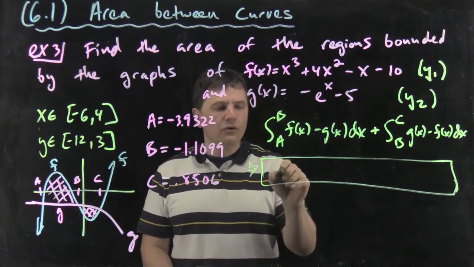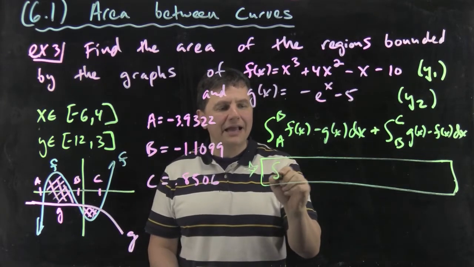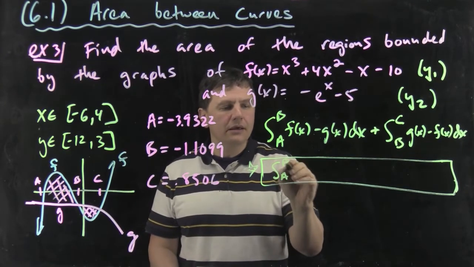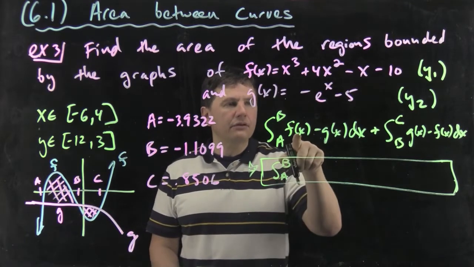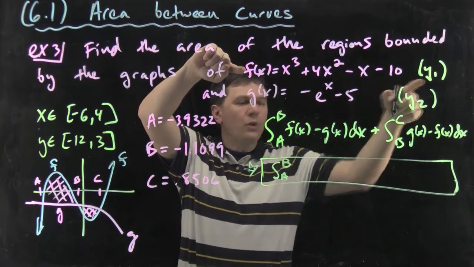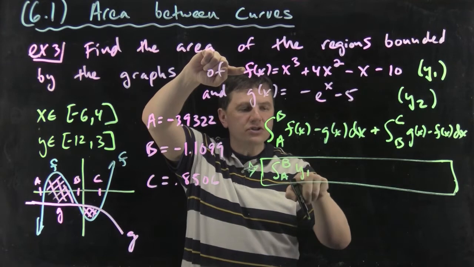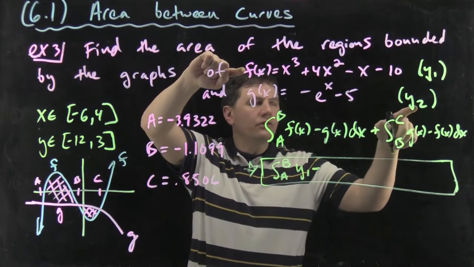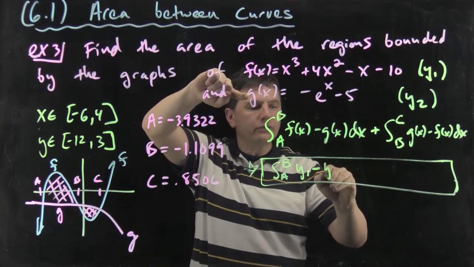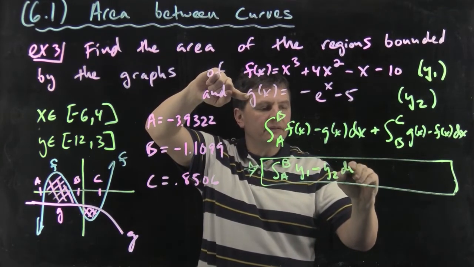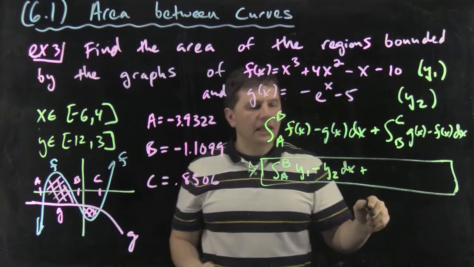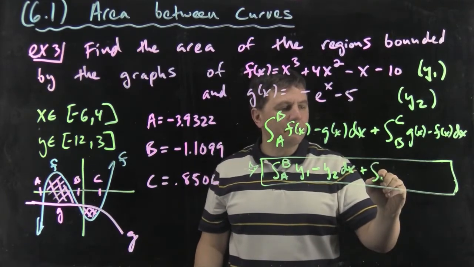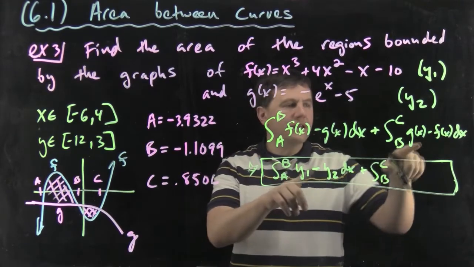So whatever setup you have, you're going to do math 9, you're going to go A to B, and then function f is y sub 1, so vars, y vars, function y1, minus vars, y vars, function y2, dx, plus, and then B to C, and then we're reversing this.